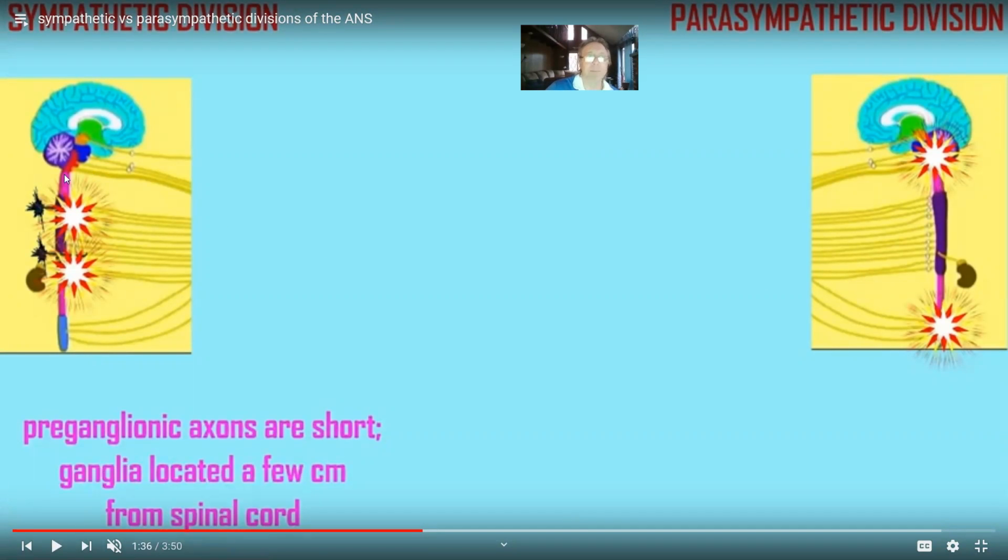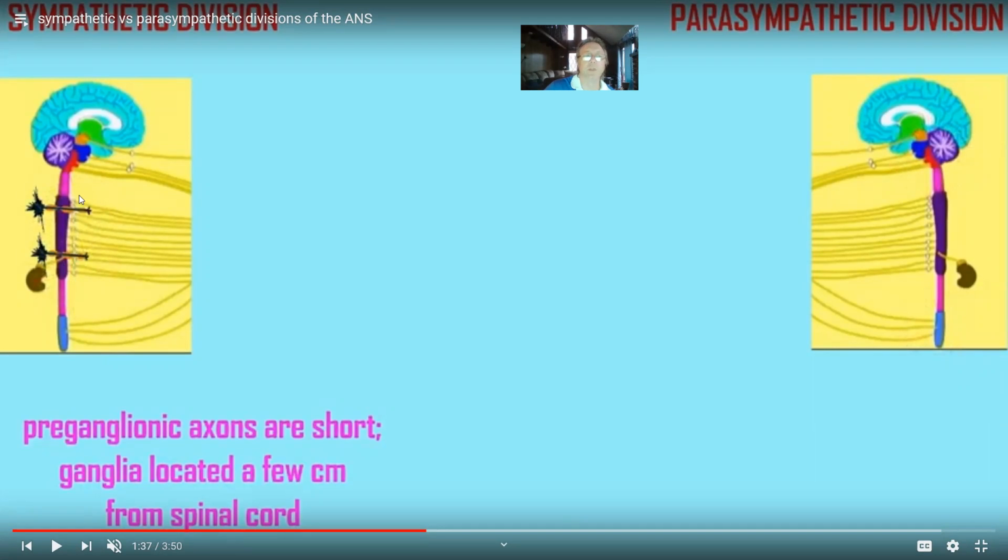In the sympathetic division, the preganglionic neurons, they are short, all right? The postganglionic neurons, they have long axons. And so if they're short, if you look at where the ganglia are, you'll notice here that there are all these little white dots very close to the spinal cord.